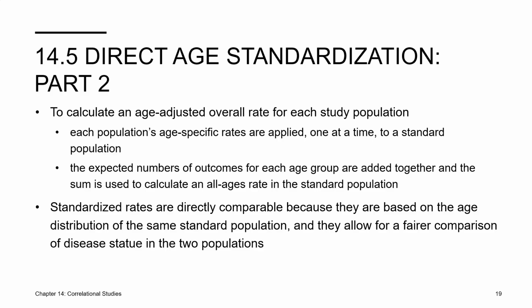The expected numbers of outcomes for each age group are then added together, and the sum is used to calculate an all ages rate in a standardized population. These are directly comparable because they are based on the age distribution in the same standard population, and they allow for a fair comparison of disease status in the two populations.